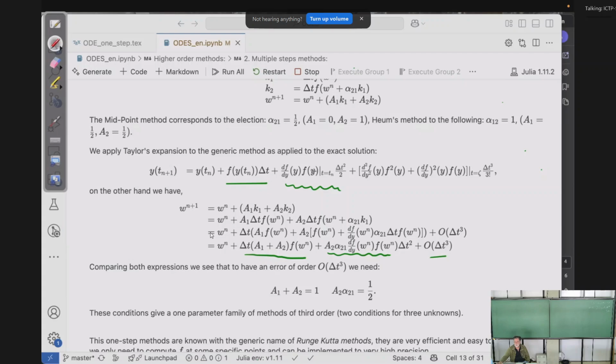I need this to be equal to this, and this to be equal to that. And for that I have A1 plus A2 equal to 1. And here comparing this with this is just 1/2. So A2 times alpha 1,2 is 1/2. And so if I satisfy these conditions, I am guaranteed a method that is third order. So that's the way you build the methods, just comparing with the Taylor expansion up to some order.